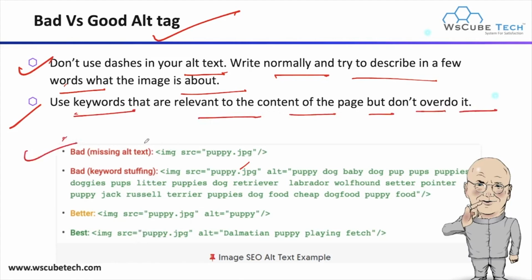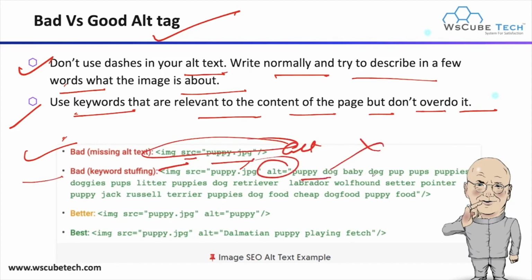In the first case, you can see that we use this particular tag in which you have img, src and your image name. The alt tag is missing here. In the next, you can see that we have alt tag, but we have repetition of this particular keyword here, that is copies, and again copies. Okay, so you have repetition of this. So this is known as keyword stuffing here.